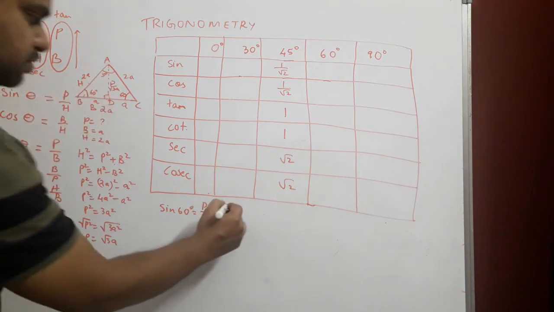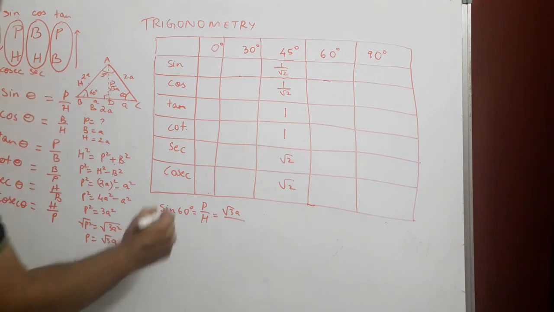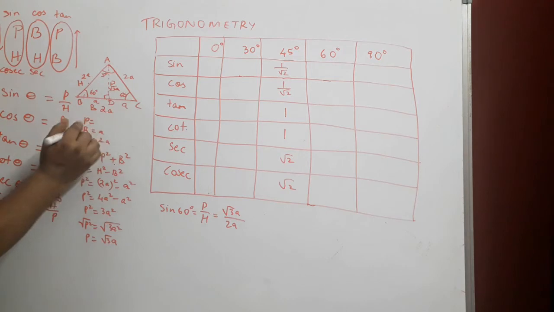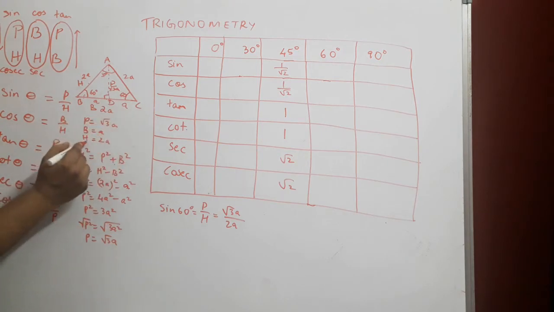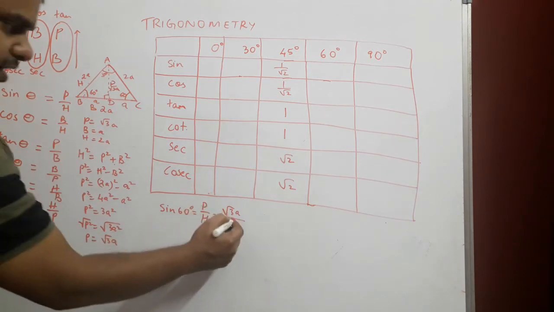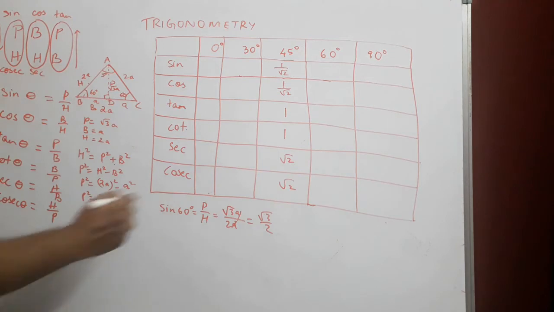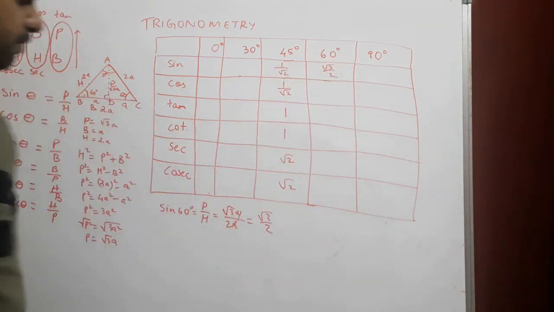P is root 3a and hypotenuse is 2a. Okay. So I'll make a note over here where I put a question mark. P is root 3a. This will help us. B is a and hypotenuse is 2a. A and a cancel and we are left with root 3 upon 2. So sine 60 degrees is root 3 upon 2.